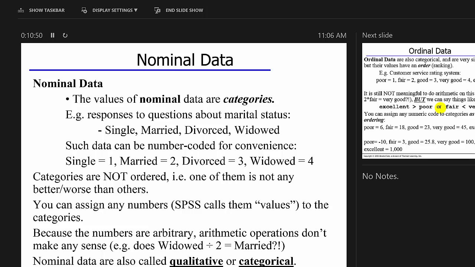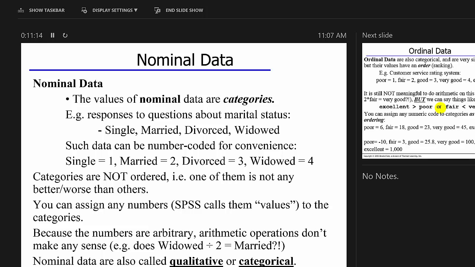So how do we assign numbers to the categories? It's pretty much up to us, right? A lot of people, when you ask them how do you assign categories, they start with 1 and they go with increment of 1, right? So single is 1, married is 2, divorced is 3, widowed is 4, okay? Can it be a different set of numbers? Of course, right? So we can say single is 10, married is 20, divorced is 30, widowed is 40.